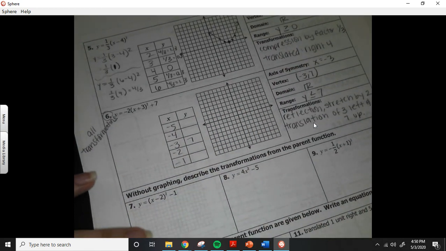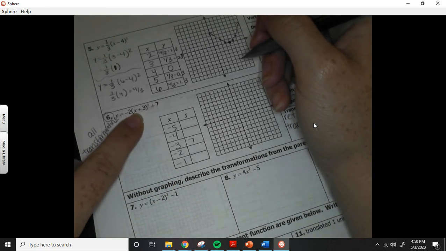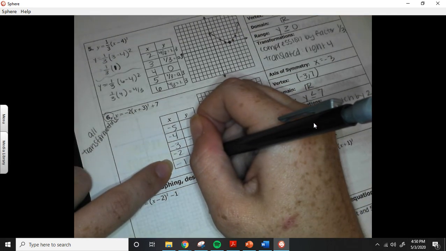So let's plug in. I'm going to do this mentally. Ready? Plug in -1. That means 2. -1 plus 3 is 2. 2 squared is 4. 4 times -2 is -8 plus 7, -1. Did I plug in -1?